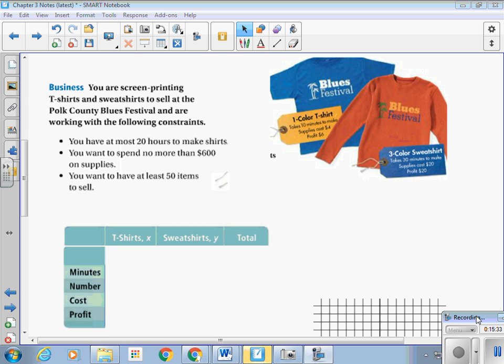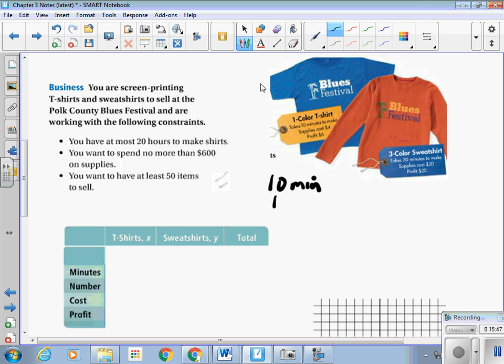The other information that may be a little bit difficult to read: it takes 10 minutes to make a one-color t-shirt. Supplies for the t-shirt are $4, and profit is $6.